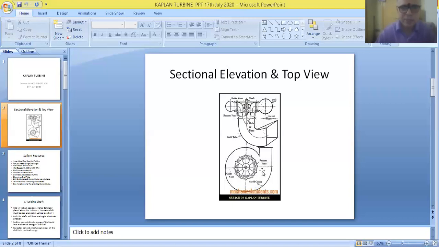This is referred to as a plan or top view of the machine. So friends, before ending the session, let us make a quick review of the information which we have seen in this particular section.